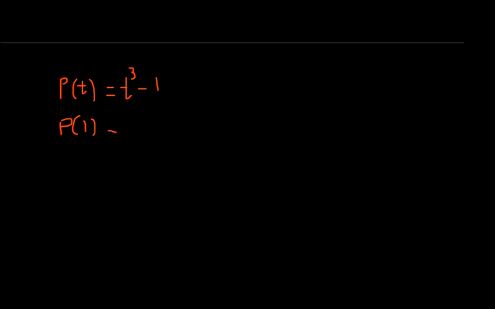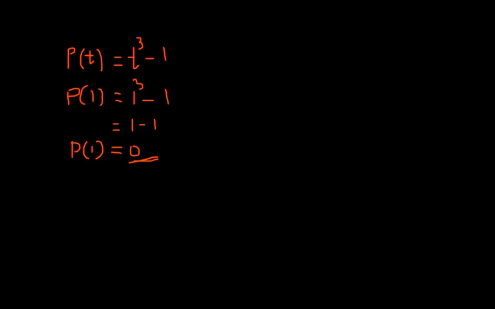That means we need to replace the variable with 1. So by replacing t by 1, we get 1 cube minus 1, and we know that the cube of 1 is 1, so 1 minus 1, which equals 0. Therefore, the value of the given polynomial at t equals 1 is 0.